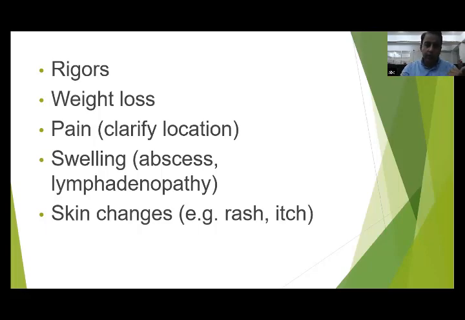Skin changes. As I told you, with vasculitis and many infections you find a rash, and rash is always very significant and characteristic for an infection. For example, erythema migrans over the arms lets you easily diagnose a patient suffering from Lyme disease.